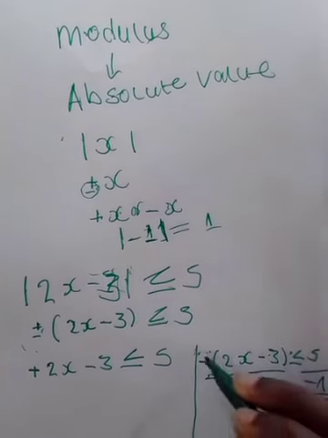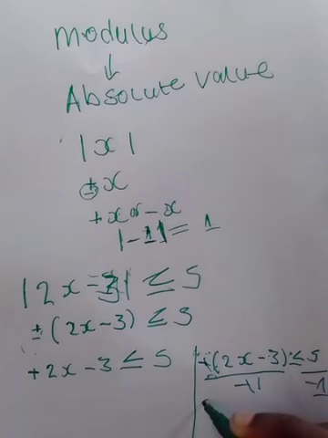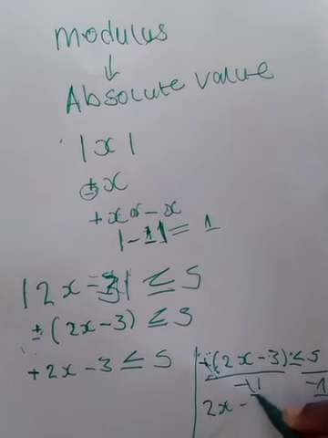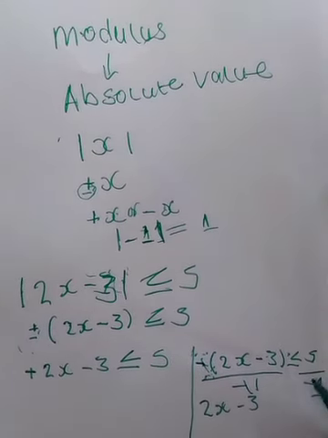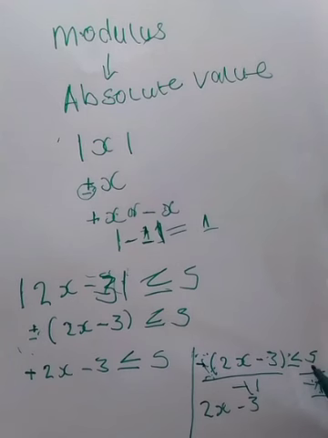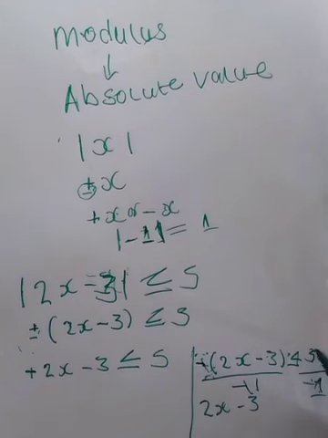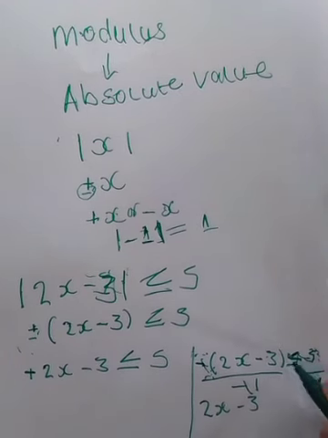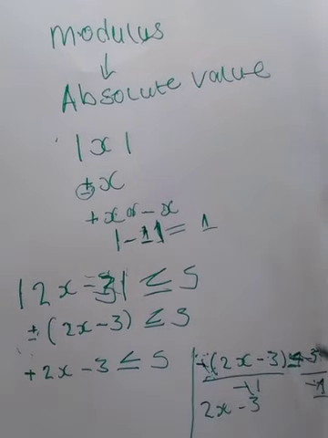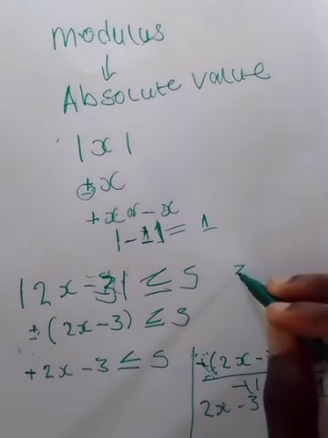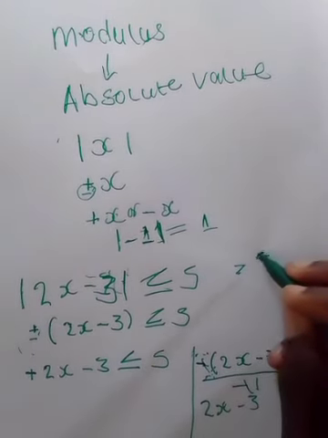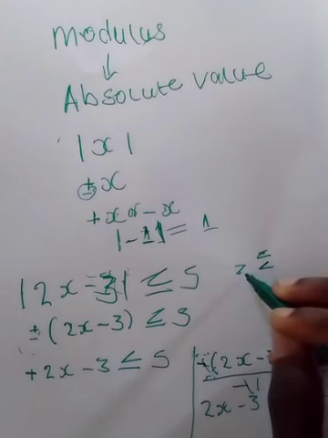Meaning that here you get back 2x minus 3, and remember, when you divide by a negative, the symbol changes. If you have greater than, it changes to less than, and if you have less than, it changes to greater than.